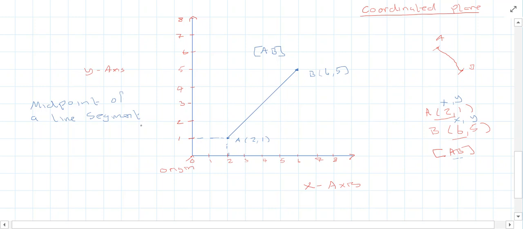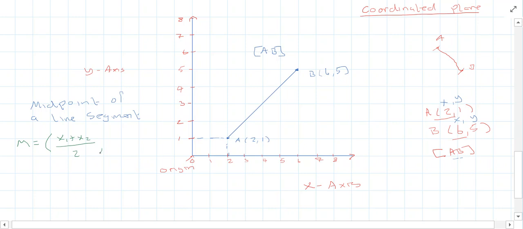So we can use this formula. It looks a little bit complicated, but it's not that bad. The midpoint formula is M equals, in brackets, the first coordinate is x1 plus x2 divided by 2.